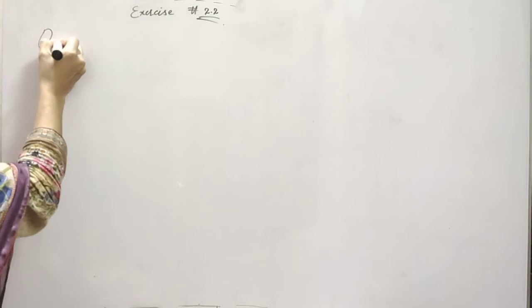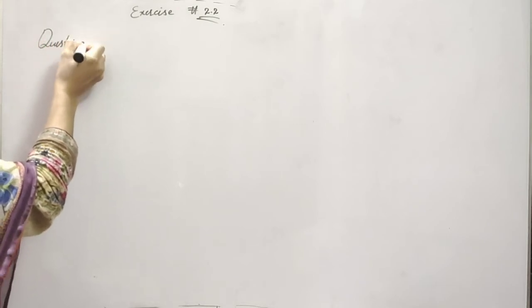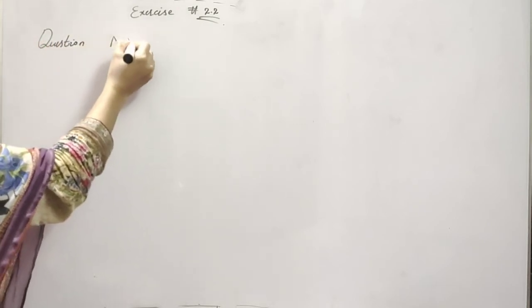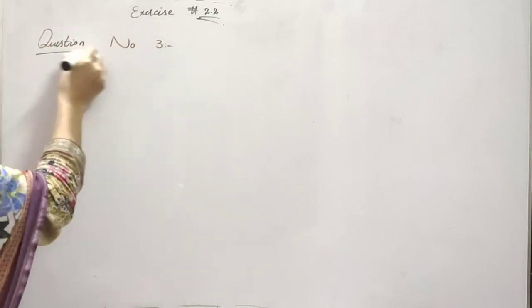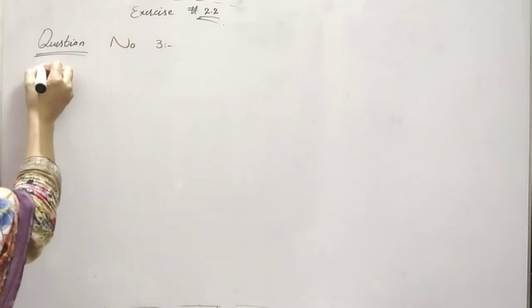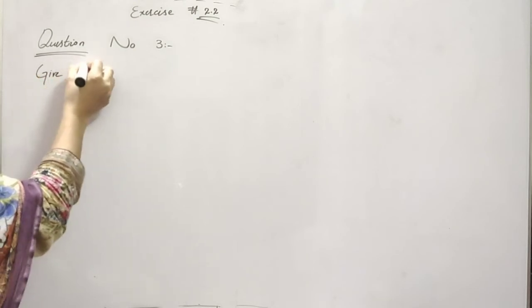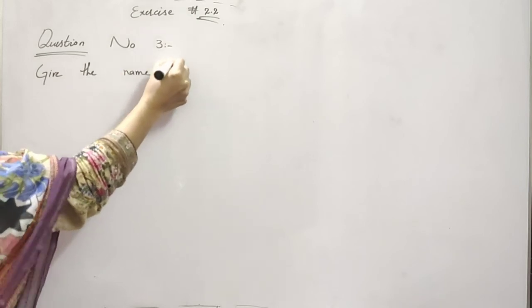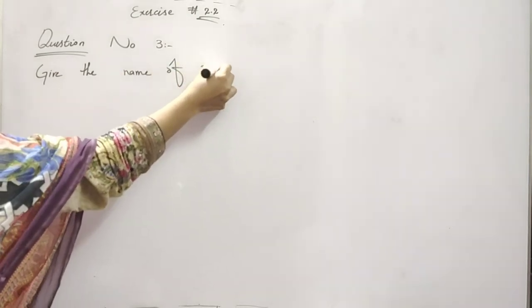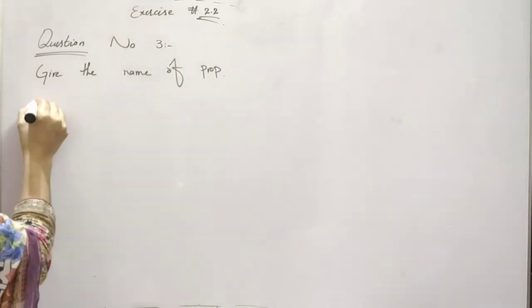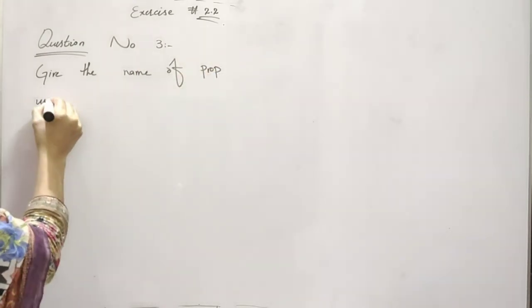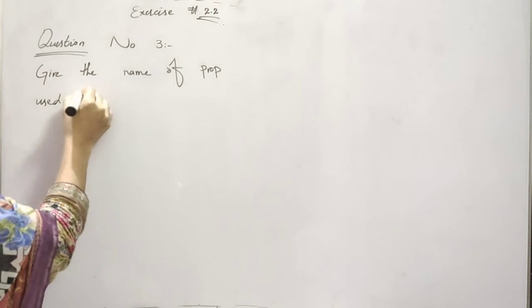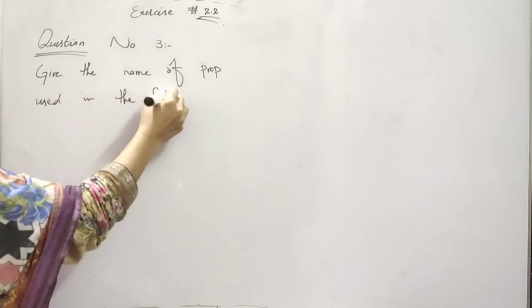Now question number 3 is: give the name of the property used in the following.